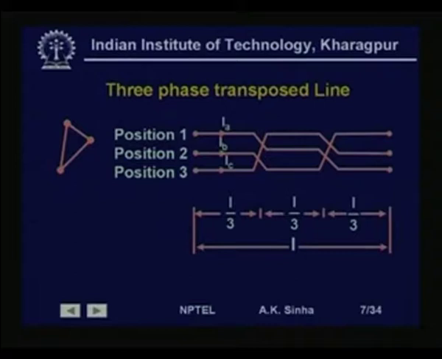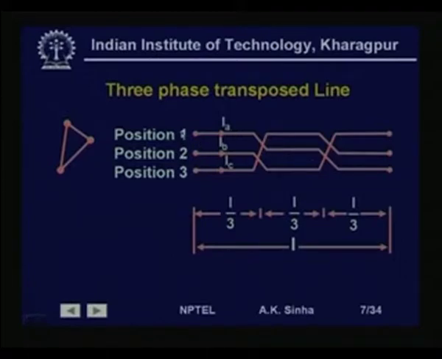Now, what we do here is, if we have a transmission line, say from this point to this point, these 3 phase lines, what we do is we change the position of the 3 phase conductors over 1/3 of length of the line.